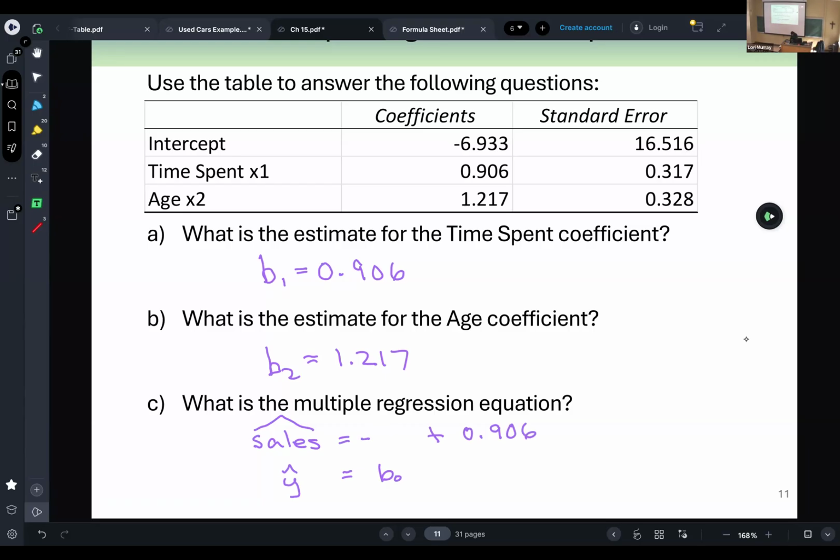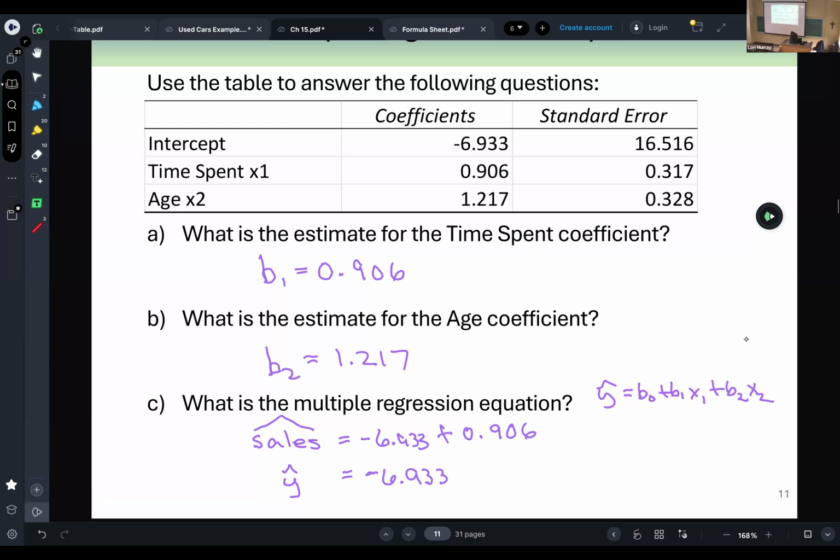We have negative 6.933. Let's put it in. Y hat equals beta naught plus B1 X1 plus B2 X2. That's our line, so I'm just going to plug those in.